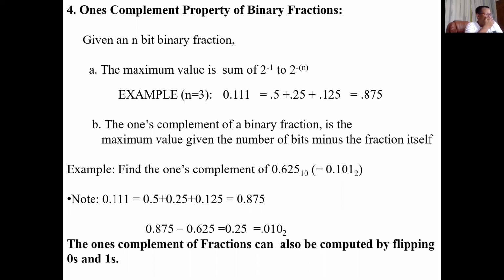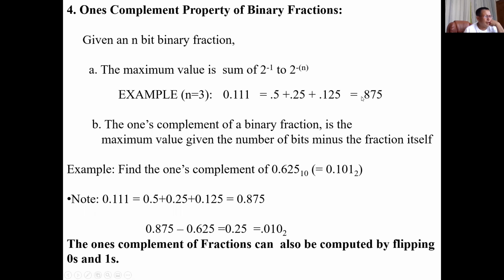Okay? Now, this also applies to binary fractions, right? For example, you are given a fraction with n equal to negative 3, 0.111, okay? So the value of n is equal to negative 3, by the way, going to the left is 0.875, that's the maximum value, okay?